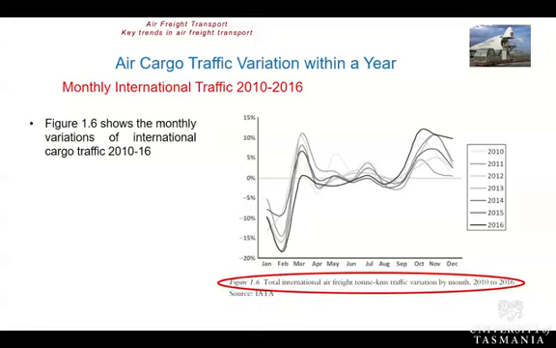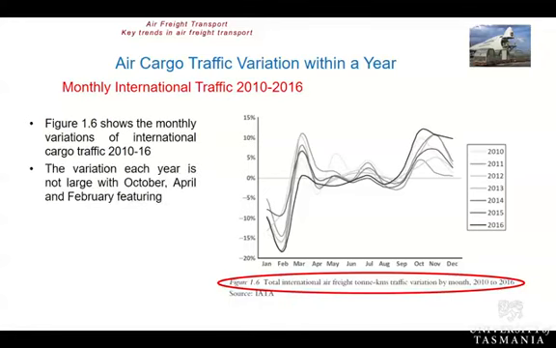So over a 6-year period, most of the movements and variation have been similar to what we saw in Hong Kong. You can see a peak around that October-November period, another peak around that March-April period, and you can also see that trough. Beyond that, it all seems to be pretty similar.